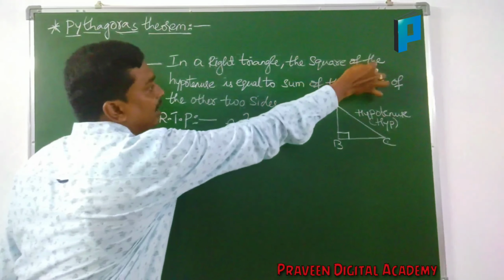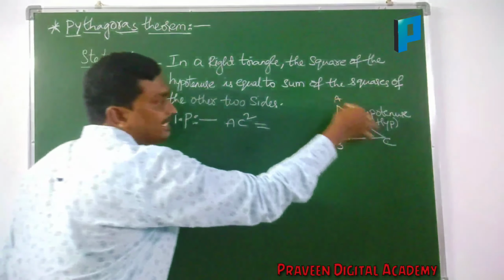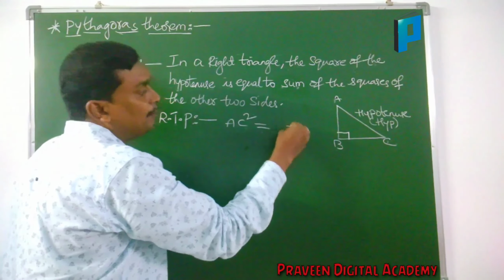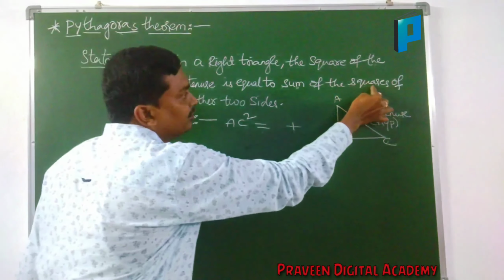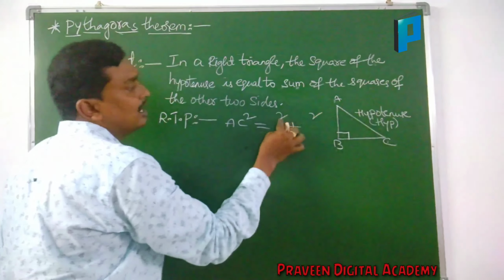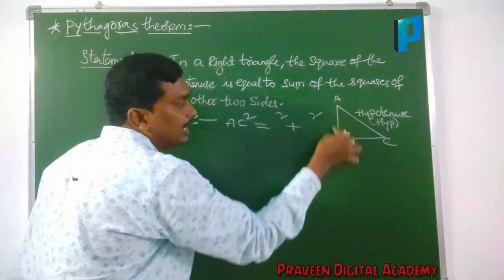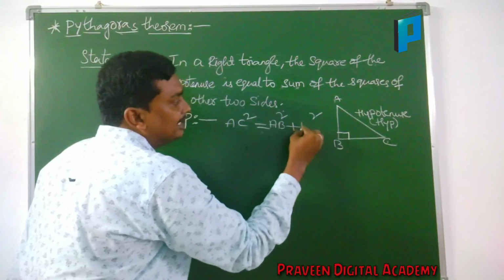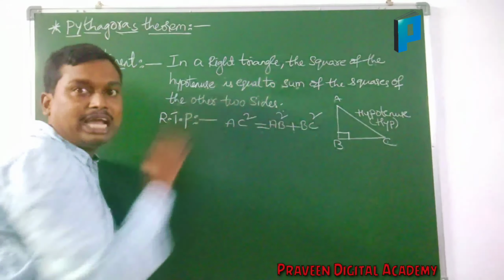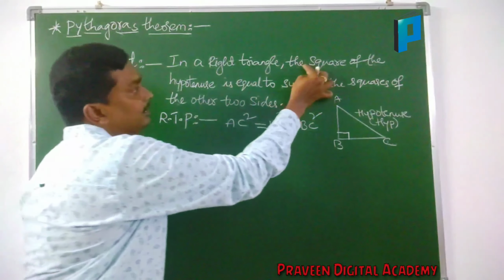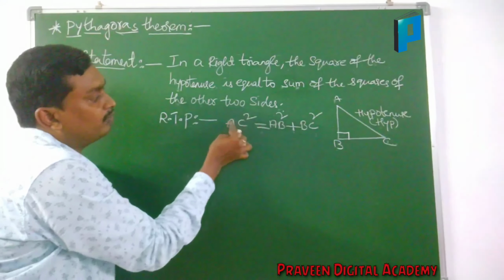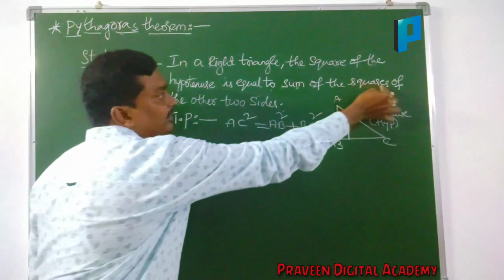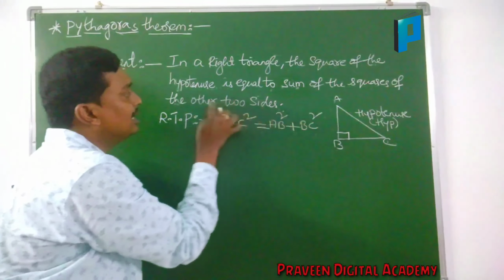The square of AC, the hypotenuse, is equal to the sum, meaning plus, of the squares of the other two sides.